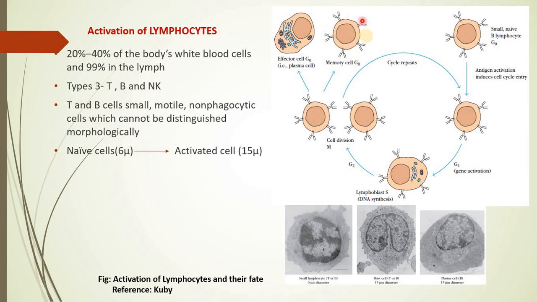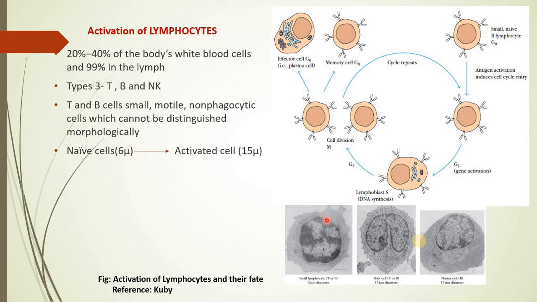Because there is presence of memory cell, the second antigenic load will immediately stimulate the memory cell, and these memory cells will get transformed into plasma cells, so that the plasma cells will start synthesizing the antibodies, and therefore there will be development of immunity against any pathogen which has made its entry.